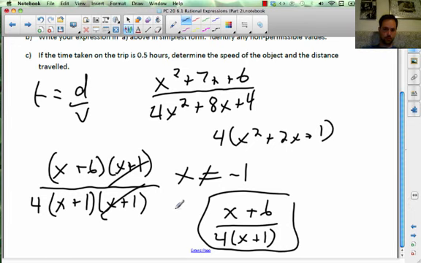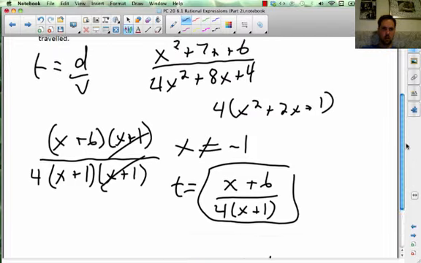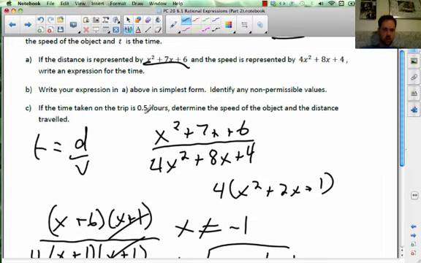So, time is given by this expression. Now, we are given the time here, so we plug in 0.5 into this, equals x plus 6 over 4 times x plus 1.